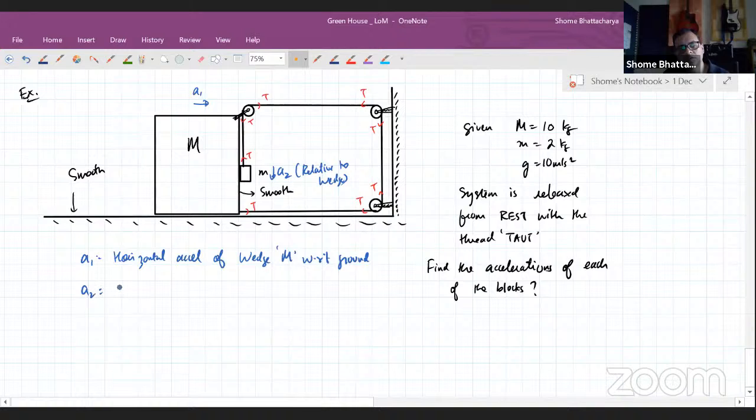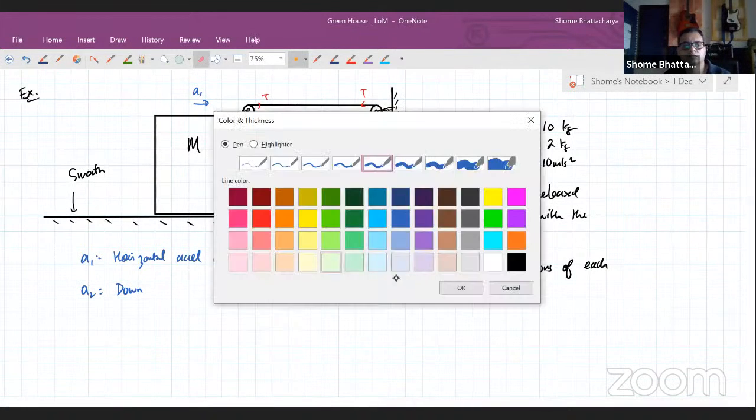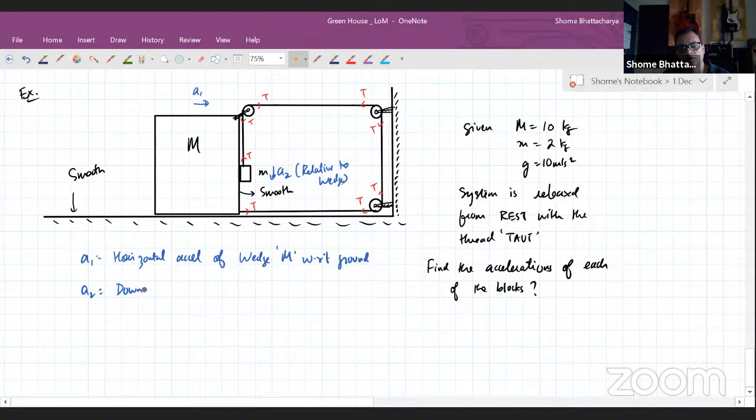So A2 is the downward acceleration of the block small m relative to the wedge.